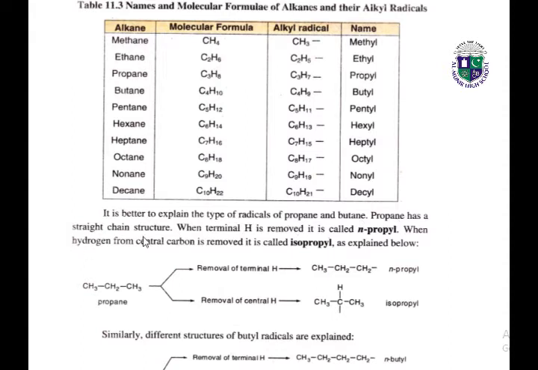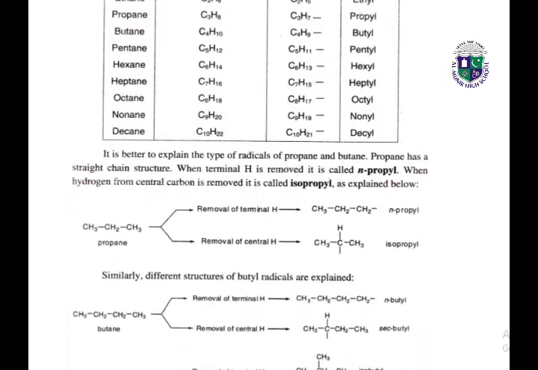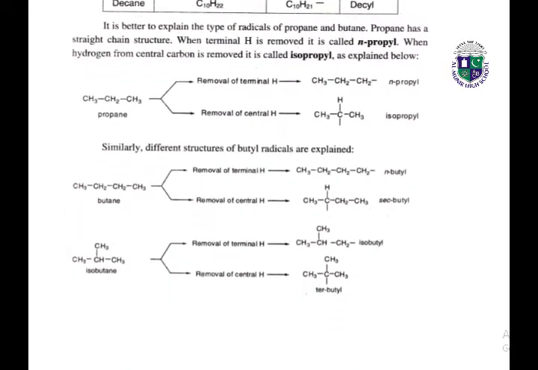Propane has a straight chain structure. When terminal hydrogen is removed, it is called n-propyl. When hydrogen from the central carbon is removed, it is called isopropyl. So here we have the example of propane, butane and isobutane. It is the structural formula for propane, condensed formula.